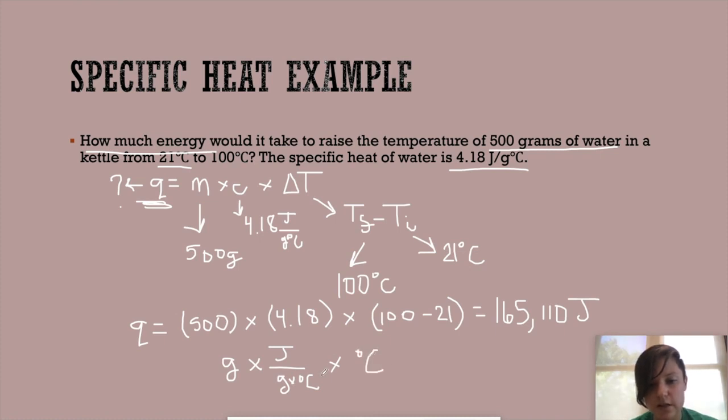So degree Celsius with degree Celsius would cancel out because it's degree Celsius divided by degree Celsius. And then same thing here, you've got grams divided by grams, which means we're left with joules. So joules is our unit. So at the end of this problem, we get that water had to have absorbed 165,110 joules to be raised from the temperature of 21 to 100, which is 79 degrees.